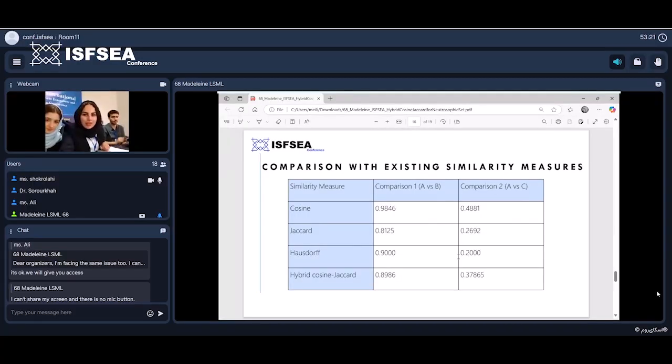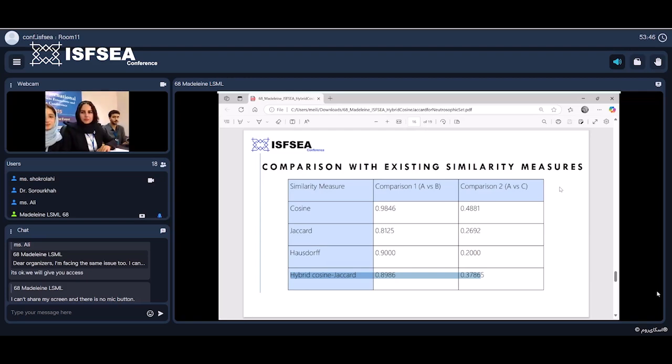Next, we have comparison with existing similarity measures. We have cosine, Jaccard, and Hosseini, and we are going to have the comparison for all the results. And we have highlighted that hybrid cosine-Jaccard has balanced out all the results.